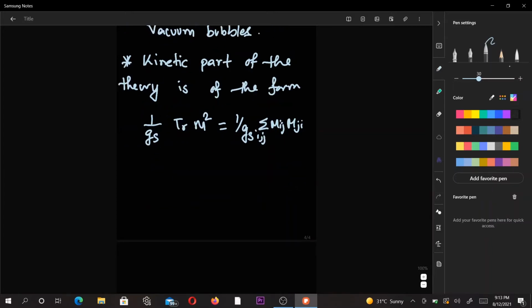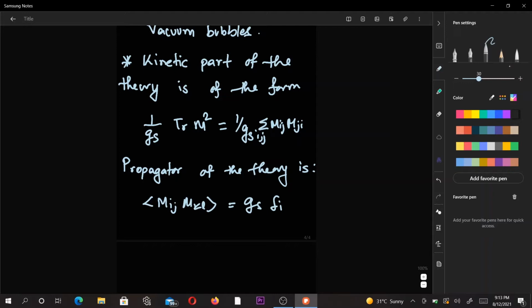And if you remember, the propagator of the theory is M_ij M_kl g_s delta_il delta_jk.